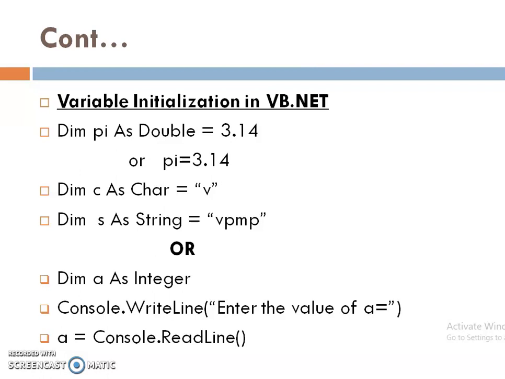This WriteLine is an output function. It displays the message or result. Now we use the input function ReadLine to input the value of a. Then we write a = Console.ReadLine function.